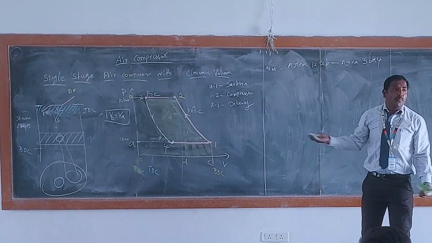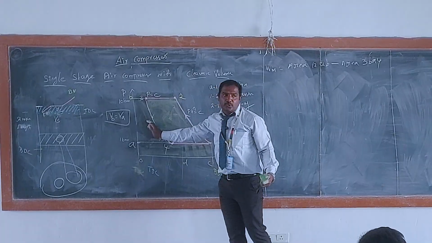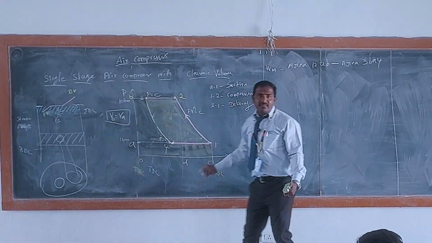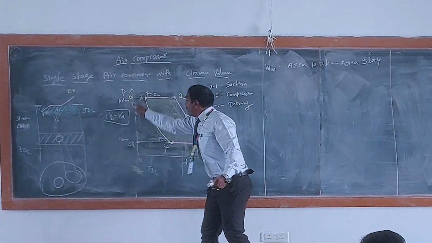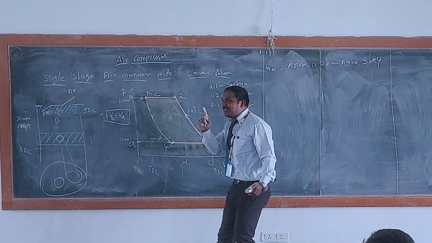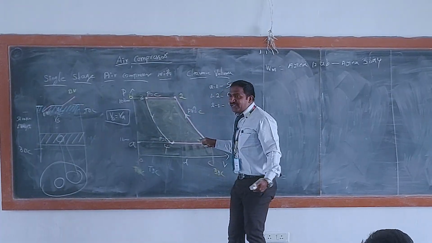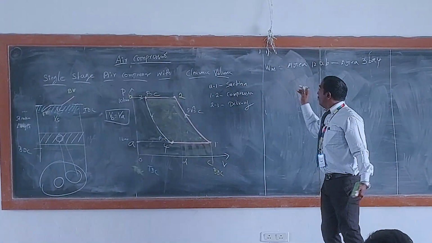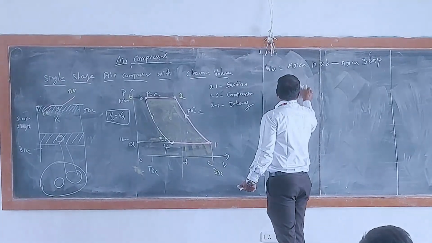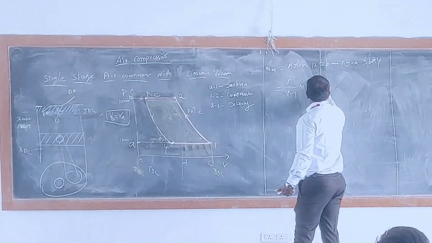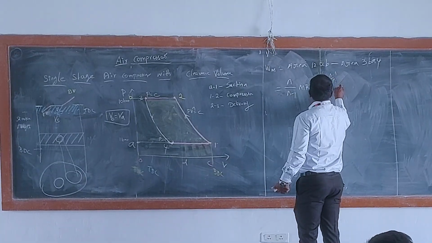You cannot do no two process. Because I already derived the equation for this type of area, this type of compression, pressure, expansion, I can use this equation. Which means W is equal to n by n minus 1, m R T1, P2 by P1 whole power n minus 1 by n.